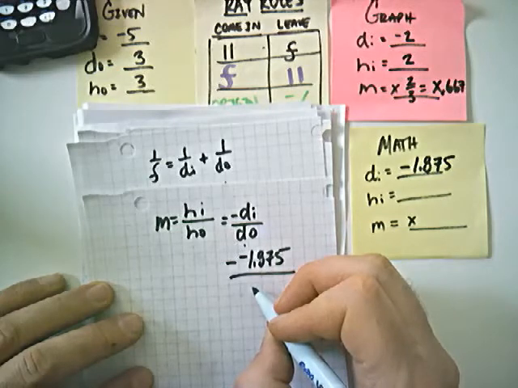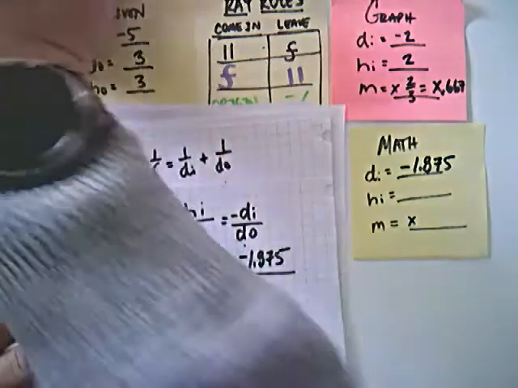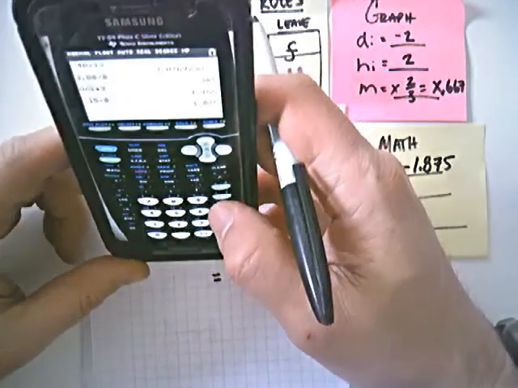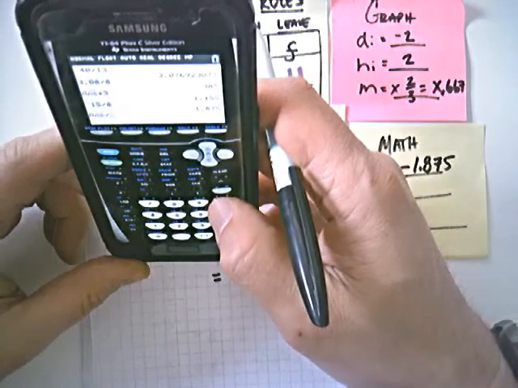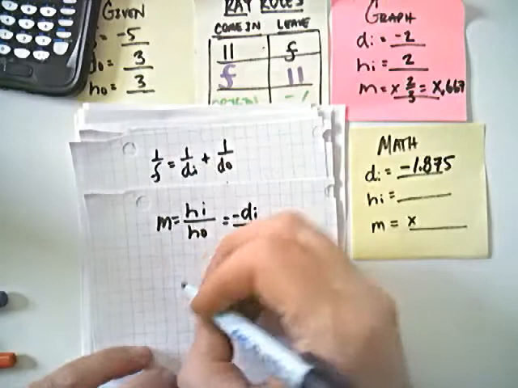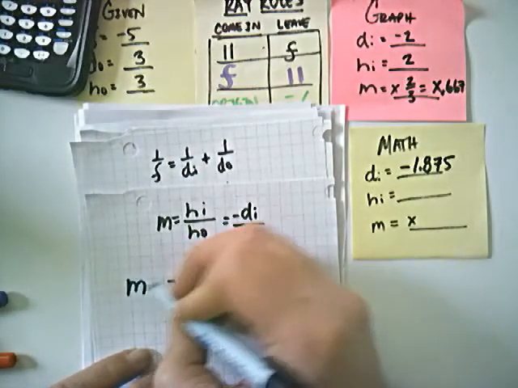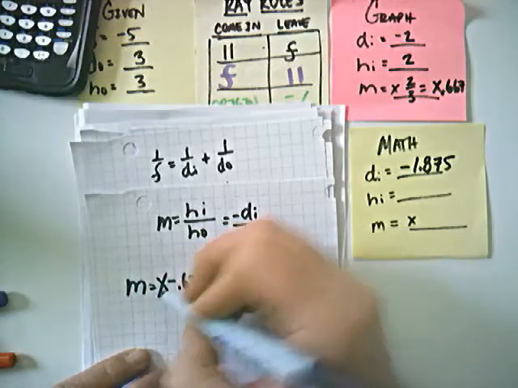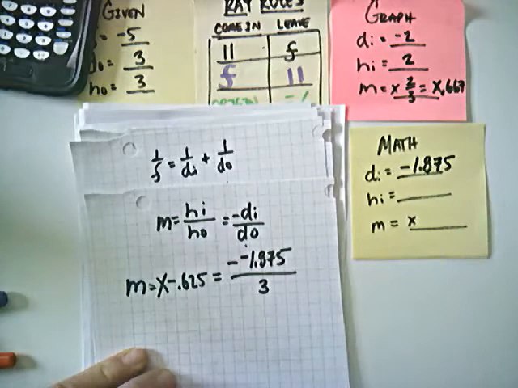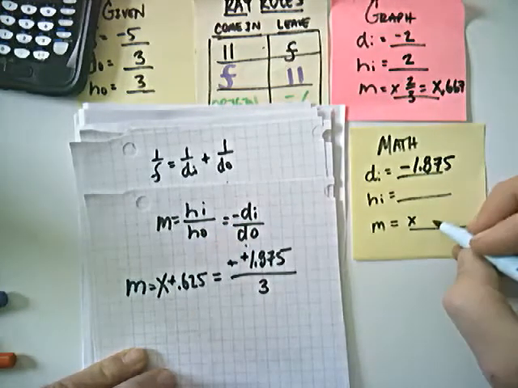And then for the bottom, we're going to put in the distance to the object, 3. That's going to give me my magnification. So I'm going to hit second answer on my calculator, and then I'm going to divide by 3. 0.625. So magnification, which is expressed as a multiplier, should be positive. Definitely positive 0.625.